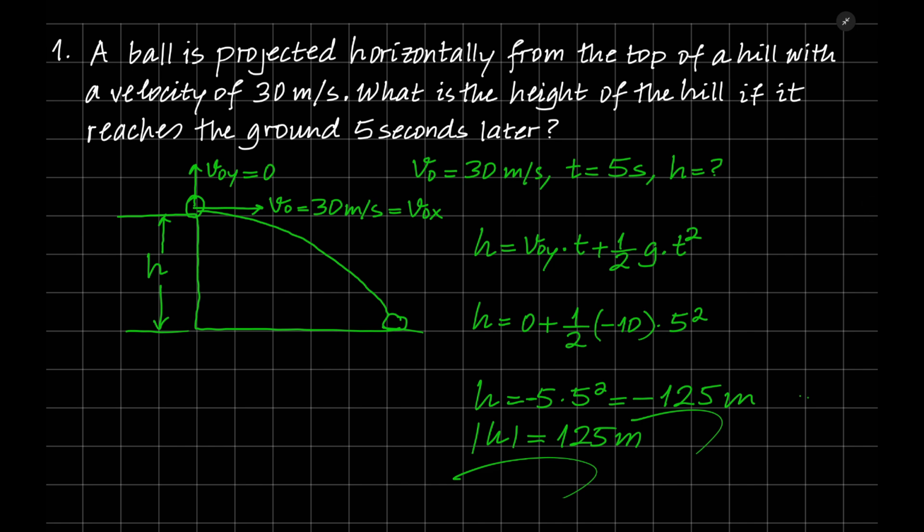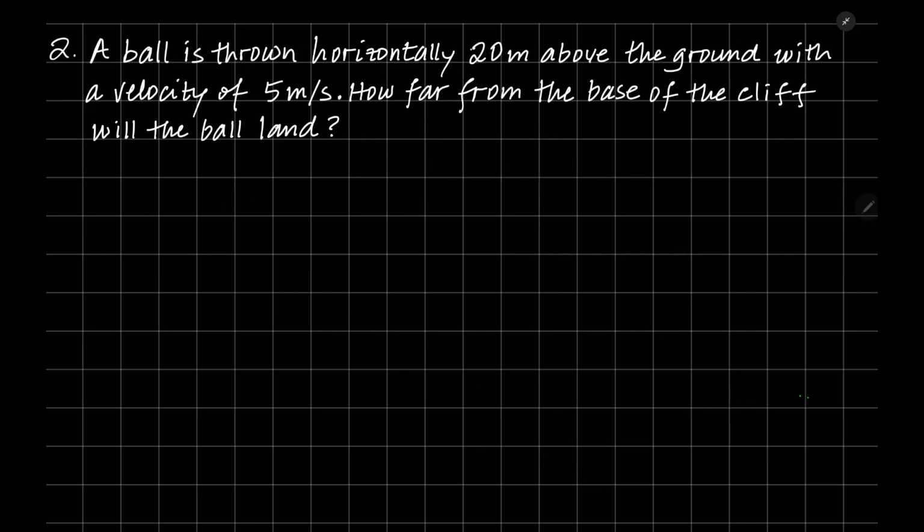Now let's go to the next question. Yes, this is the second example. A ball is thrown horizontally 20 meters above the ground with a velocity of 5 meters per second. How far from the base of the cliff will the ball land?